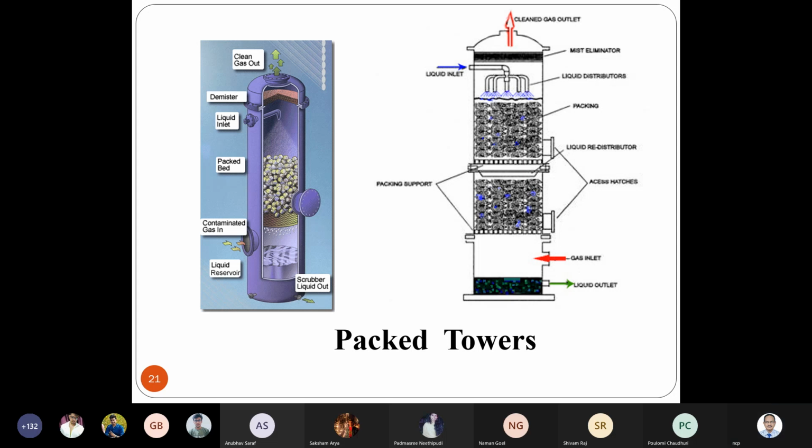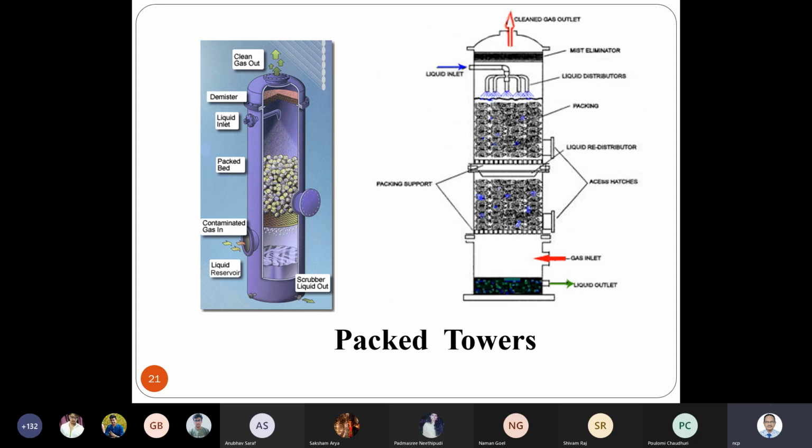So on that wet surface, the liquid is again dispersed in the form of a thin liquid film surrounding those packing materials. So it is not in the form of droplets. Basically, in this packed portion, the packing is fully wetted by this liquid, and that creates a thin liquid film surrounding the solid surface, and there this gas liquid contact takes place, right?